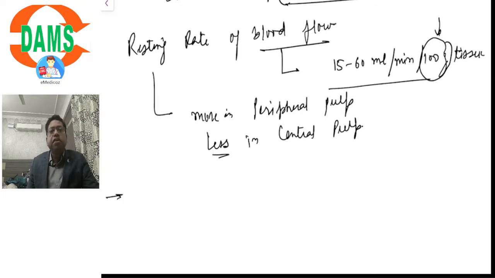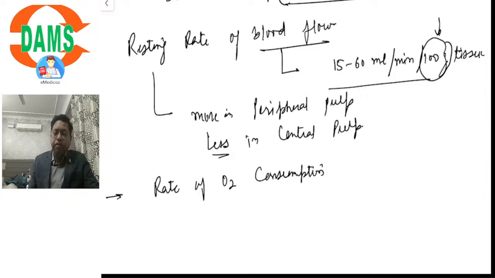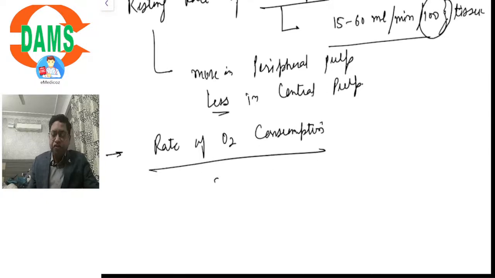And we all know that blood consists of hemoglobin that carries the oxygen to supply the required nourishment to the tissues. So, the rate of oxygen consumption of the dental pulp is in the range of 3.2 plus minus 0.2 ml per minute, again per 100 gram of the pulpal tissue.